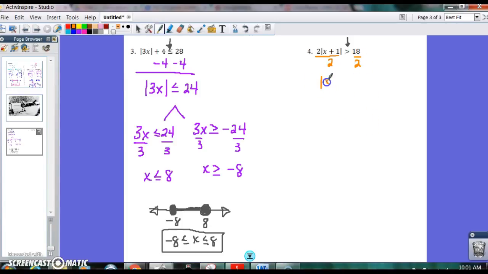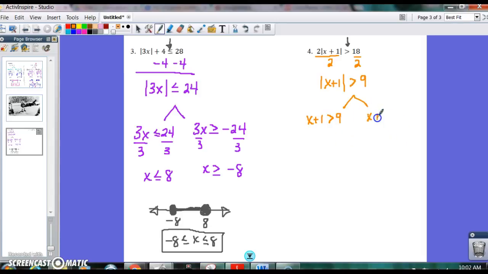And so that leaves me with the absolute value of x plus 1 is less than 9. Now that I have the absolute value by itself, now I can set up my 2 inequalities. My first inequality, I'm going to take it out of the absolute value and leave everything else the same.